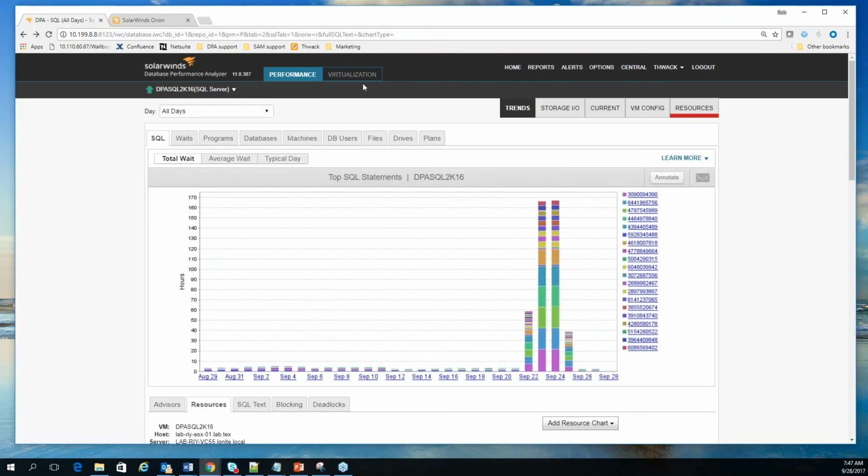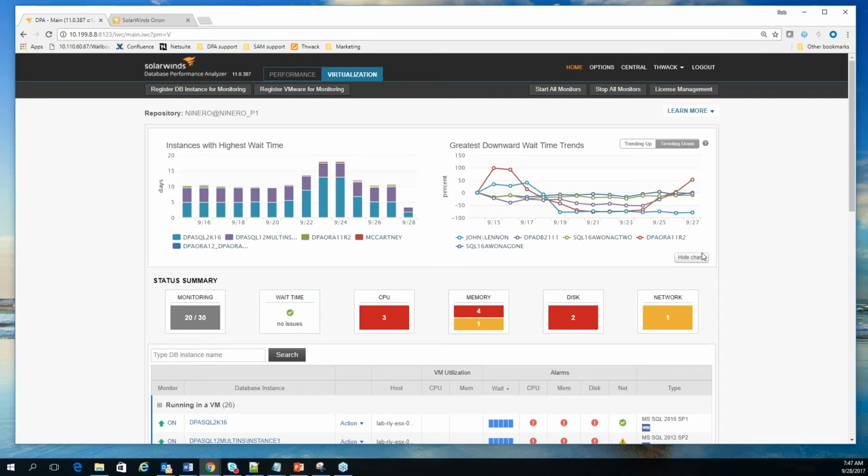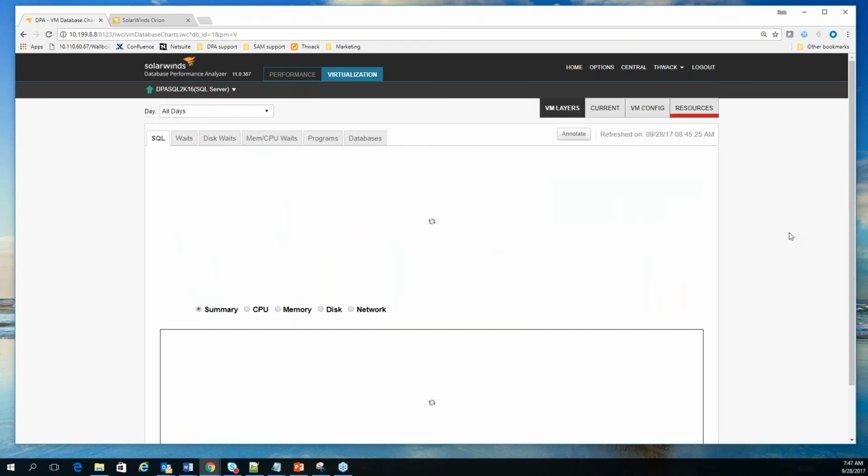There is another view here I'm going to flip to. It's called the Virtualization View. This is if you're running in a virtualized environment on VMware as your hypervisor, you can use this plugin to get a deep dive look at your VM infrastructure.